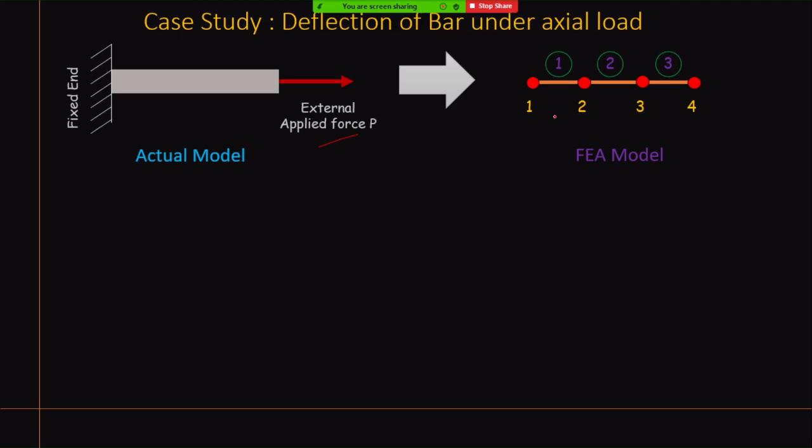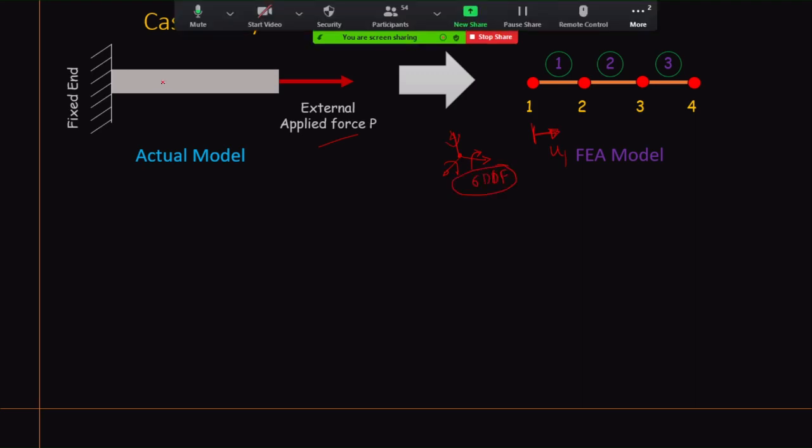But in actual practice, if I take any point in space, it has an x deformation, y deformation, z deformation, rotation about x, rotation about y, and rotation about z. Altogether 6 DOFs will be there. The rest of the DOFs are not much significant, as I am going to apply the force in this direction. Deformation will happen in this direction.